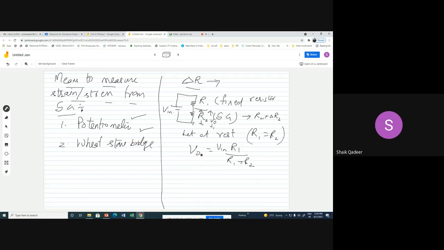So this output voltage, if we measure it with this relation, we may not be able to measure the small change in output voltage due to small change in R2 resistance.